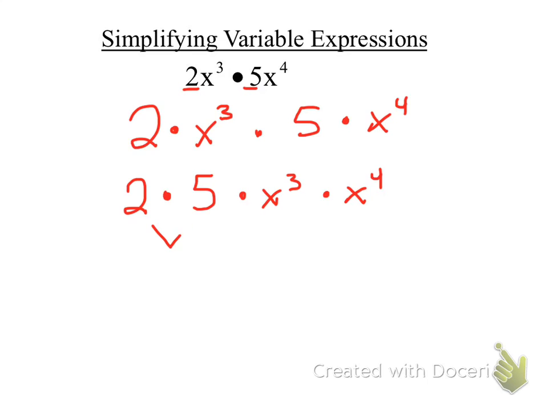And 2 times 5 makes what? 10. And then what I've got is x to the 3rd power plus the 4th power. So what is my final answer? Haley? 10x to the power of 7. Perfect. 10x to the 7th power.